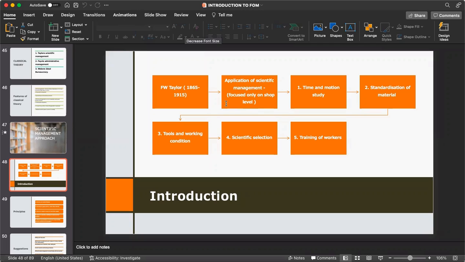Okay, so there are basically 5 major components or 5 major applications which Taylor talks about. The very first important part is called time and motion study. Anyone having any idea what is time and motion study?